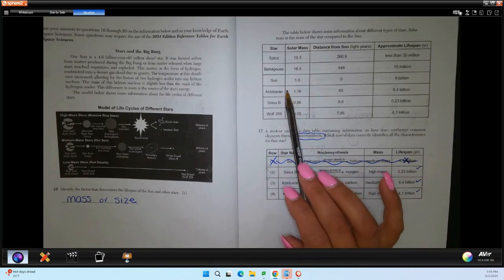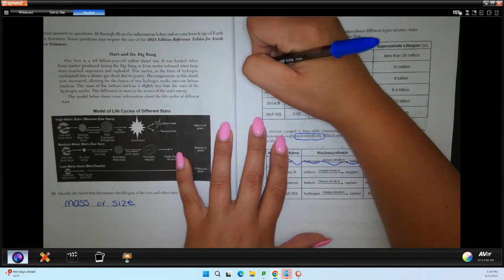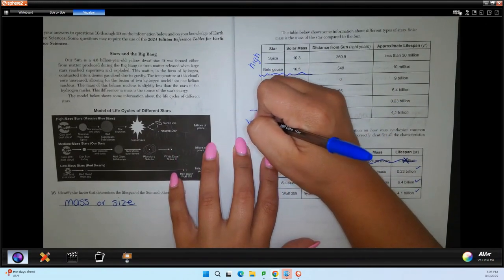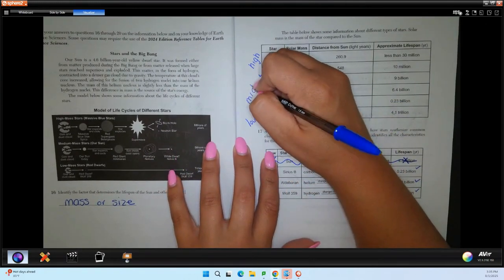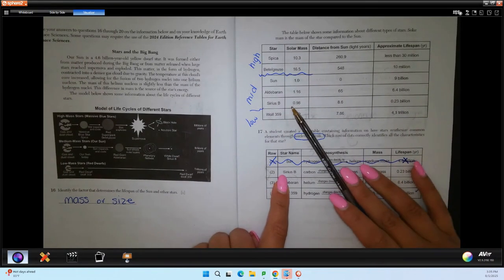And then I have these in the middle that are right around 1. So if I was to split this, I would say that these are my high mass. They're the biggest. Wolf is definitely my low mass. And then right around 1, those are going to be my mid or medium. Okay, so I'm going to match my stars for mass here and see what we think. Sirius B is 0.98.